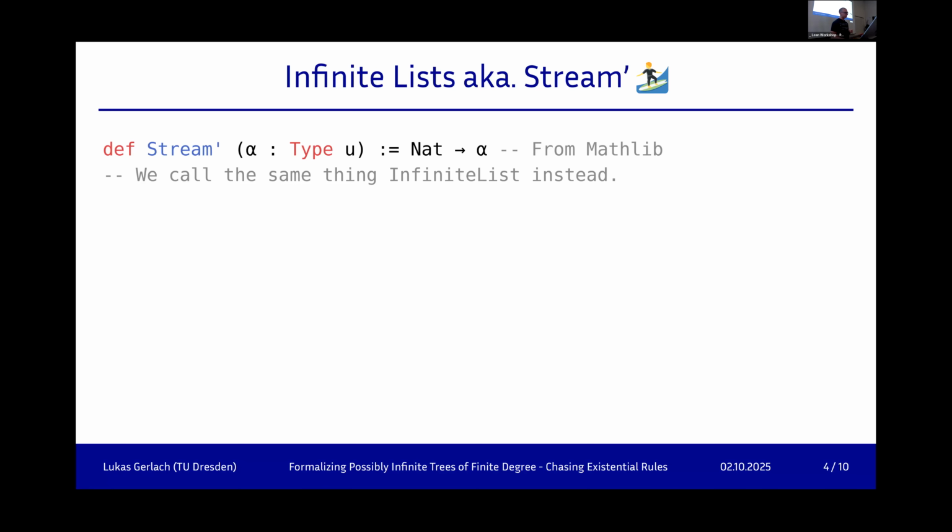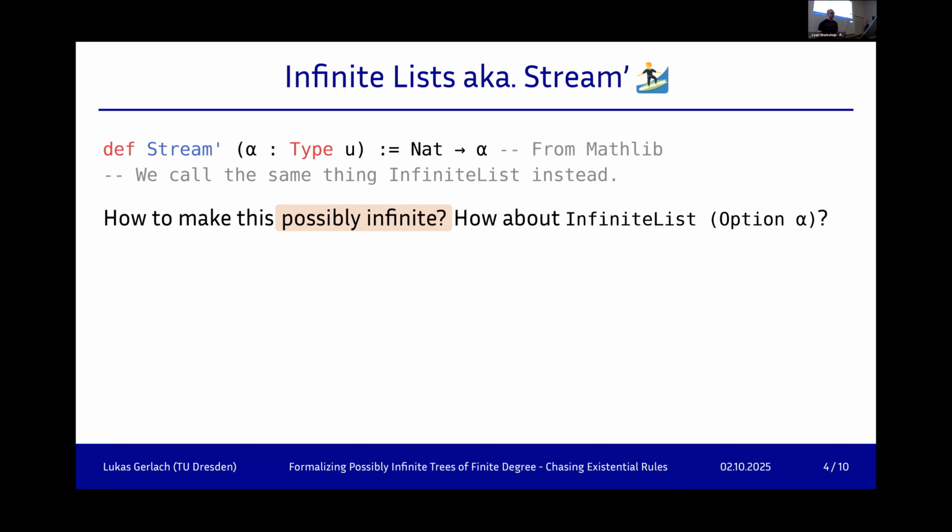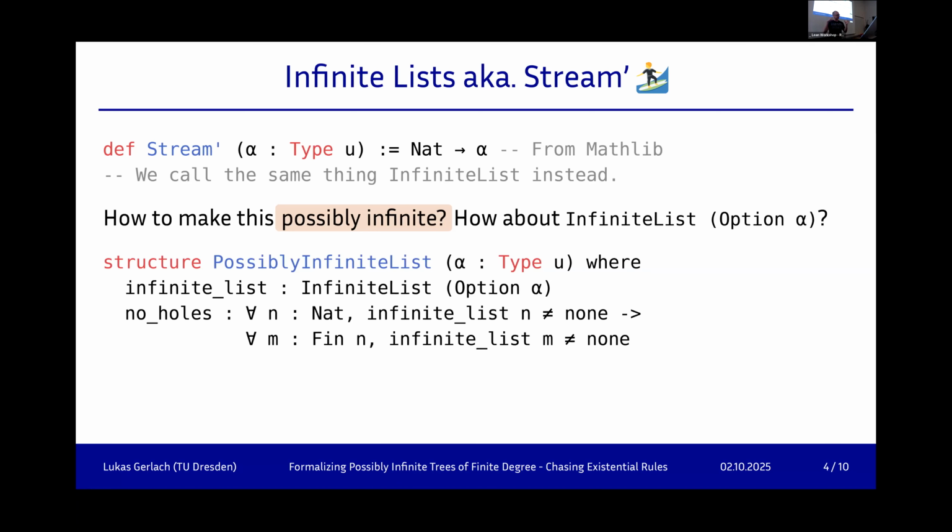Right. So how can we make this possibly infinite at first? And I think what you might think about first is just to use infinite list option alpha instead, which I think is okay, right? But there might be a problem with that. And I actually take the easy way out there and basically use that as a basis, but I also want a condition to hold, namely that this thing doesn't have any holes, right?